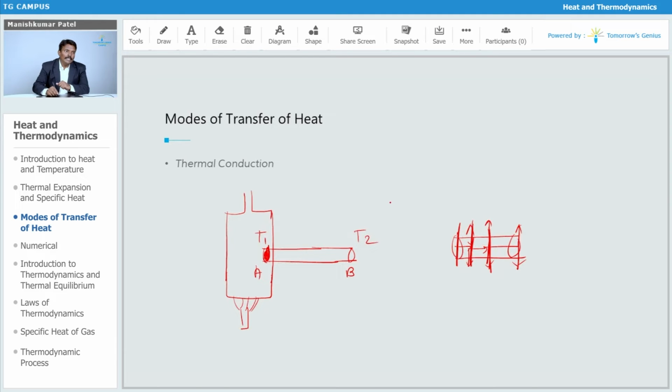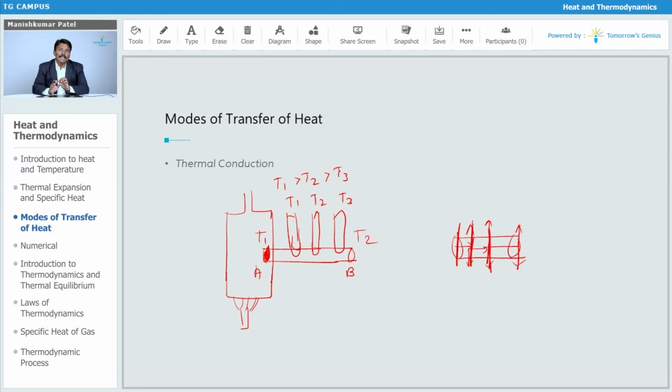Now you can observe that if you put a thermometer over here, let's say at T1, T2 and T3, where I keep some holes, I find that the value of T1 is greater than T2, which is greater than T3. After a certain instant of time, this temperature is constant: T1 is fixed, T2 is fixed and T3 is also fixed.